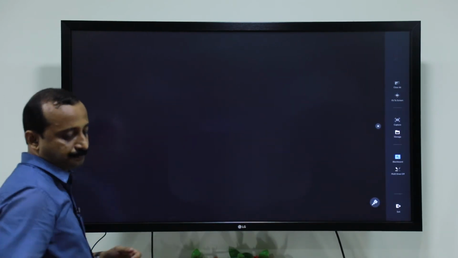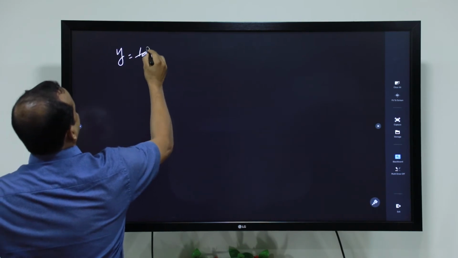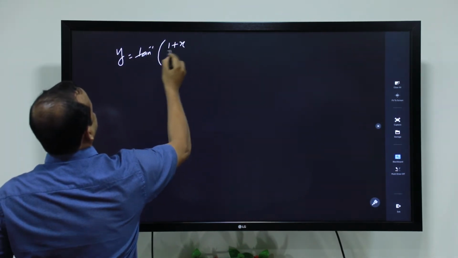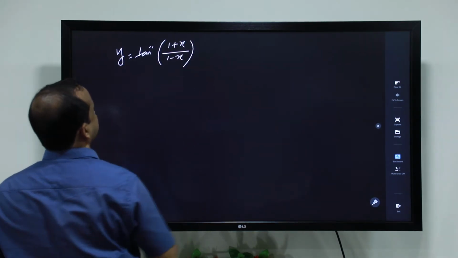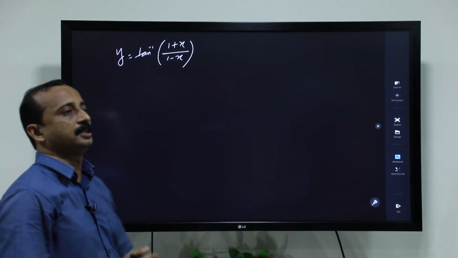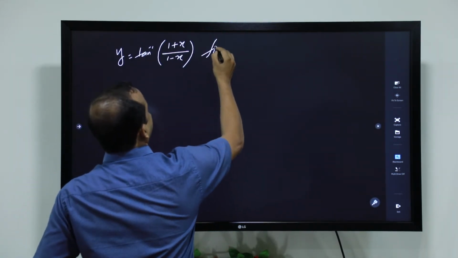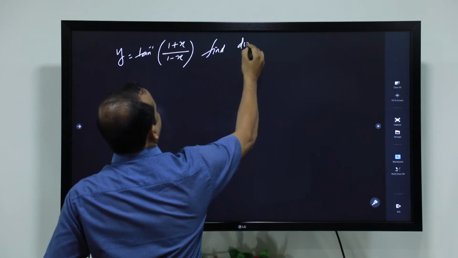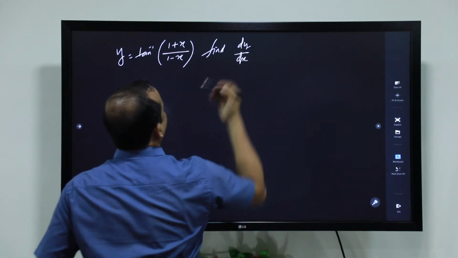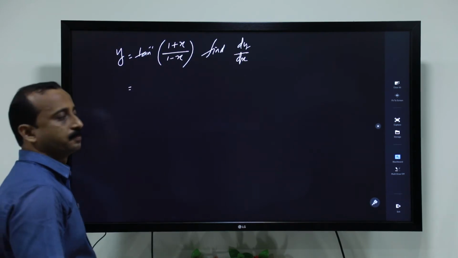Our first question is: simplify y is equal to tan inverse of 1 plus x divided by 1 minus x, then find dy by dx. That is y is equal to tan inverse of 1 plus x by 1 minus x.